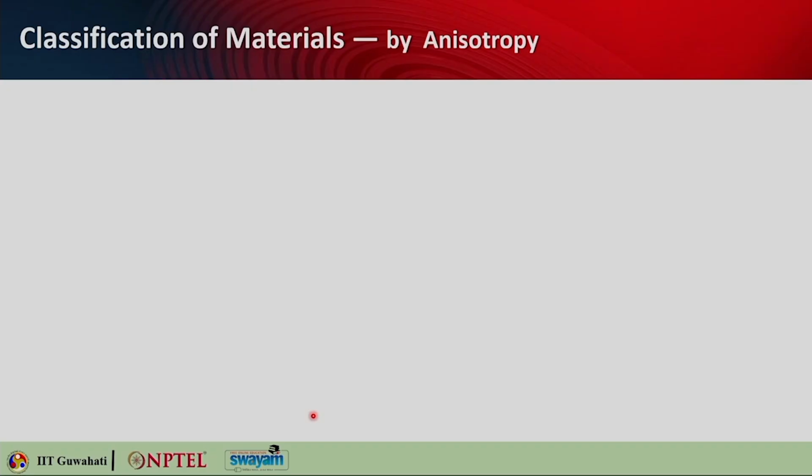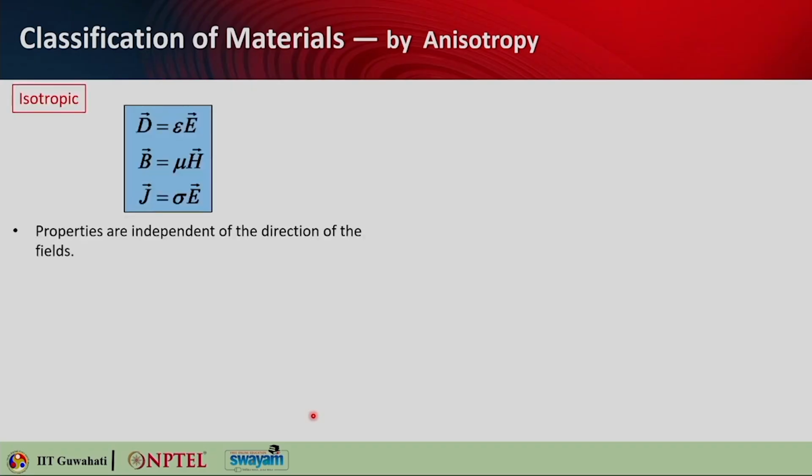So now let us do a quick classification of materials by their anisotropy. First, if a material is isotropic, it means the properties of that material do not depend on the direction of the fields. We can write it like this: D equals epsilon E, B equals mu H, J equals sigma E. So epsilon, mu and sigma are not dependent on the direction of the field, they are scalar quantities, so these are isotropic.